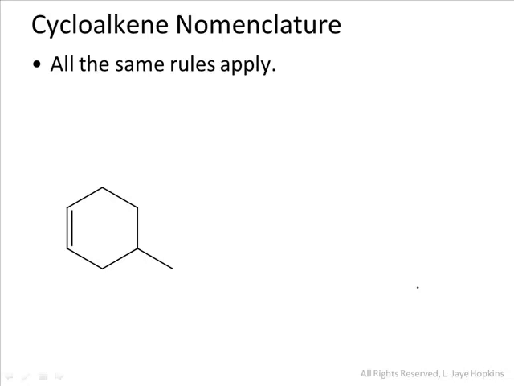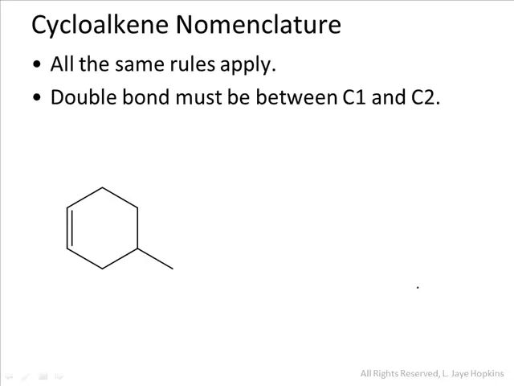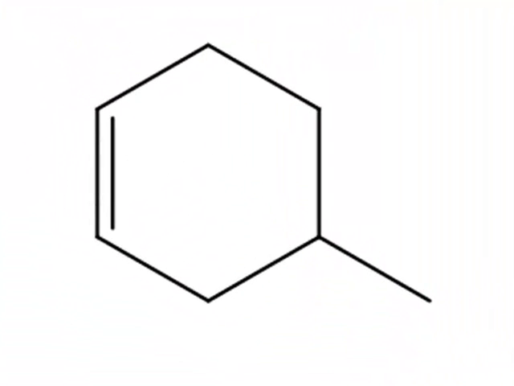Pretty much the only thing I need to tell you to make sure you do it correctly is that by definition, we have to make sure that we number the carbon so that the double bond is located between carbon 1 and 2. Having said that, you can go clockwise or counterclockwise to get the lowest number for any other branching substituents possible. Take a second and name this structure.